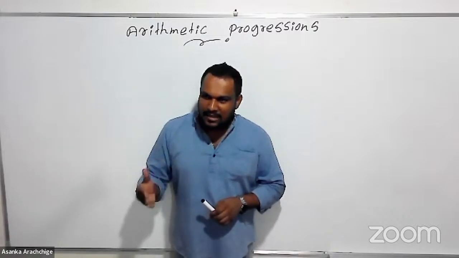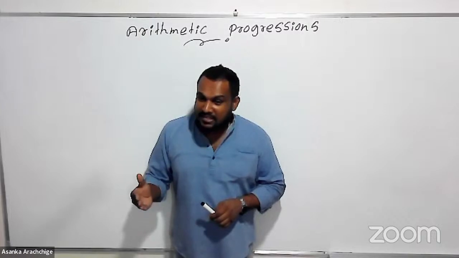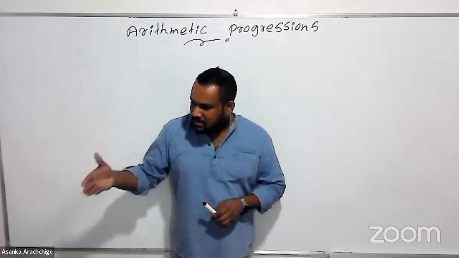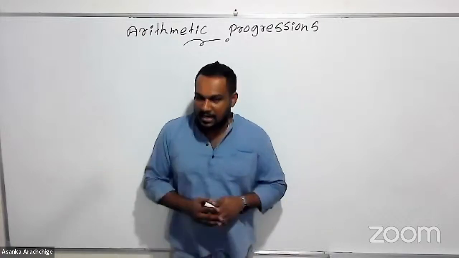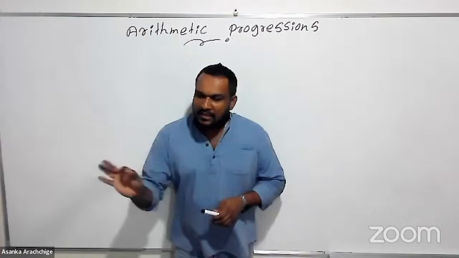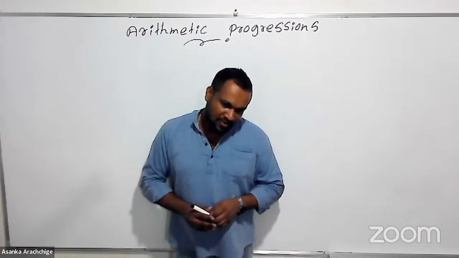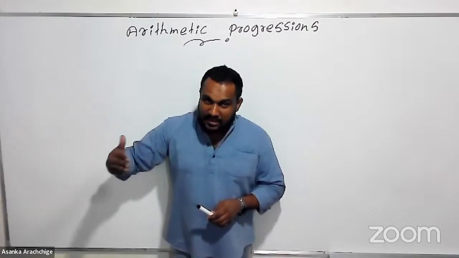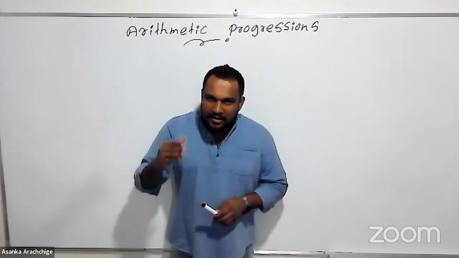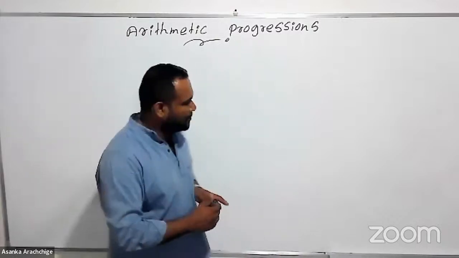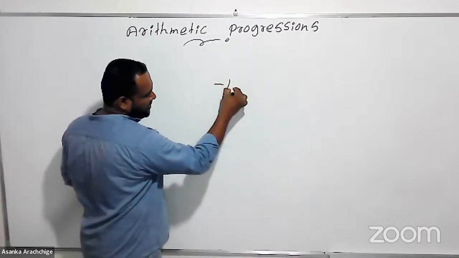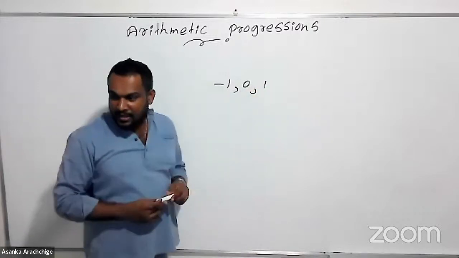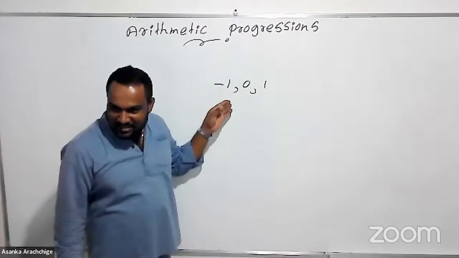There is another synonym for that. What is that? Successive terms. Consecutive, successive. They are synonyms. For example, in the pattern of whole numbers, -1, 0 and +1. No, these are whole numbers.